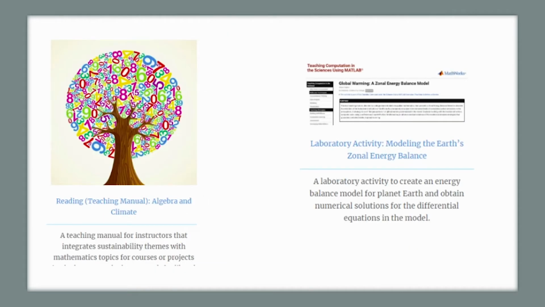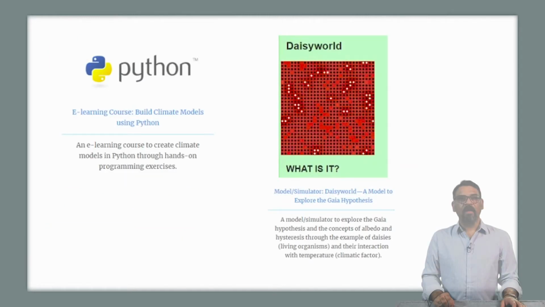A teaching manual that you will find very useful titled Algebra and Climate that integrates sustainability themes with math topics. Another lab activity where you can make a model on Earth's energy balance. An entire e-learning course where your students can learn about how to build climate models using Python.